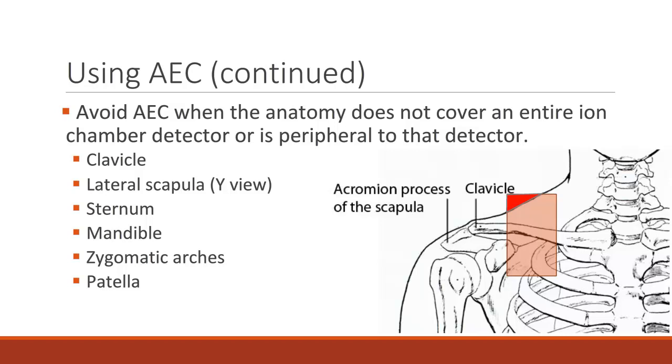This will cause the sensor to terminate the exposure prematurely, since the rate of exposure will increase due to more radiation reaching the detector faster. Other exams where this could be an issue include the lateral scapula Y view, the sternum, mandible, zygomatic arches, and the patella. These exams are best exposed with a manual technique.